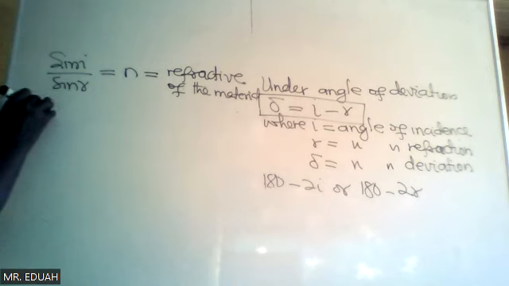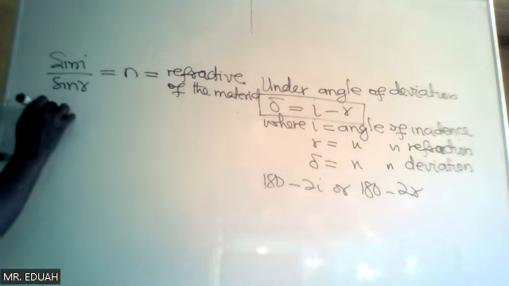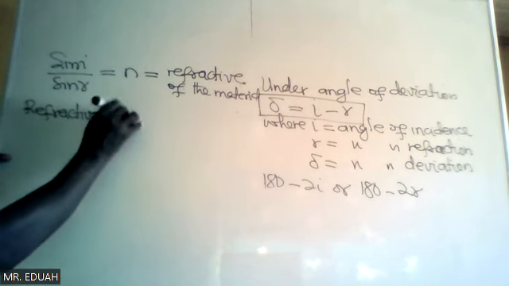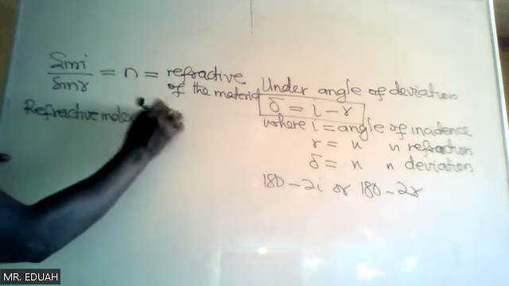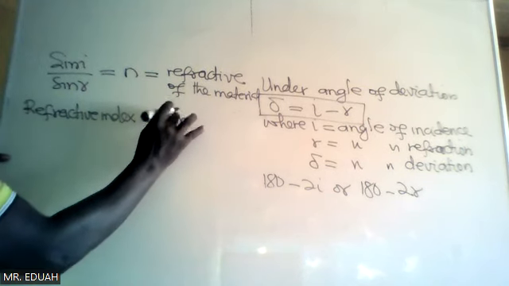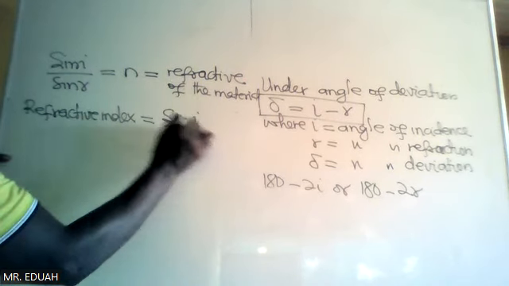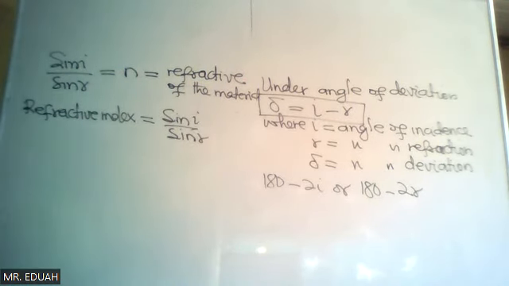So the refractive index is equal to sine I on sine R. Now the question is, what is the refractive index of a material?